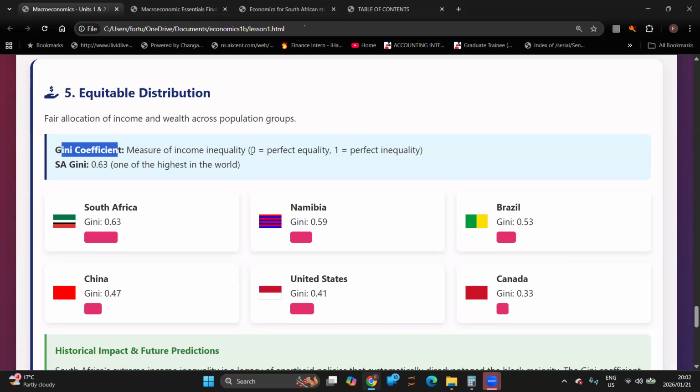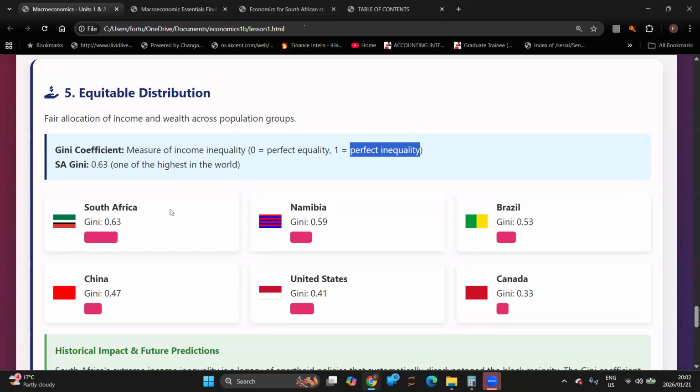So the higher the statistic towards 1, remember it's a decimal between 0 and 1, the closer it moves towards perfect inequality, which is the red zone, what you do not want, because it indicates that much of the economy's resources or wealth are held by only 10% of the population, or less.